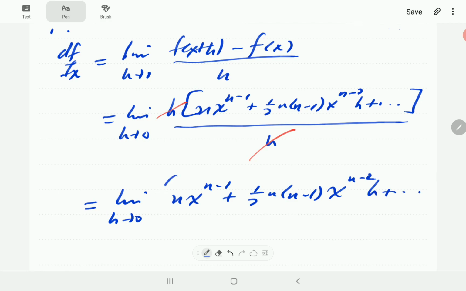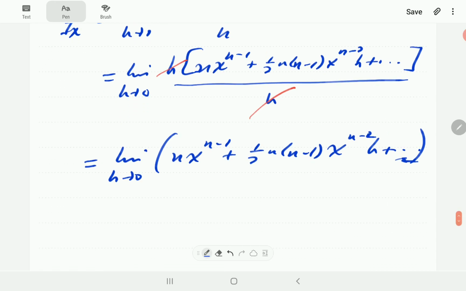Now remember, all the terms here involve h. So when we substitute h equals 0, this one does not involve h. This one has got h, we plug in 0, that disappears, and all the other terms are going to disappear.